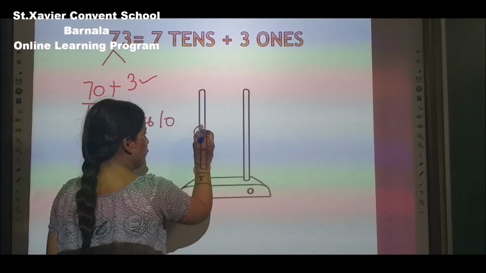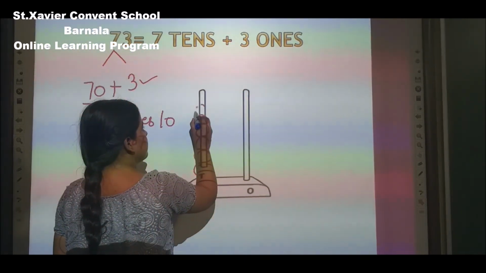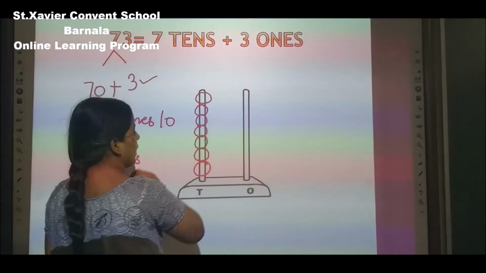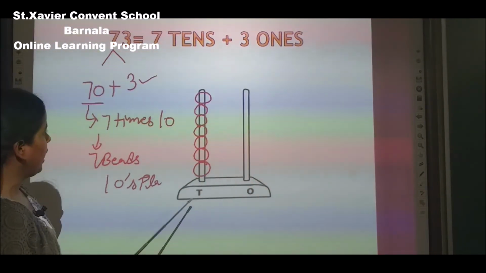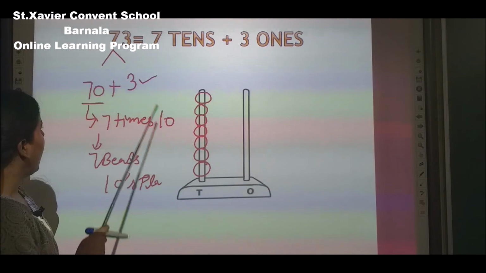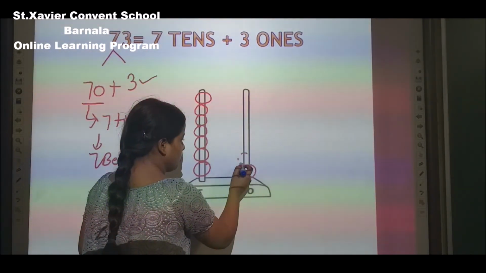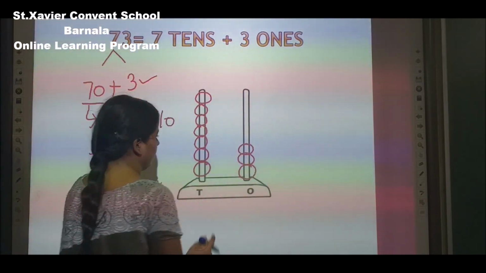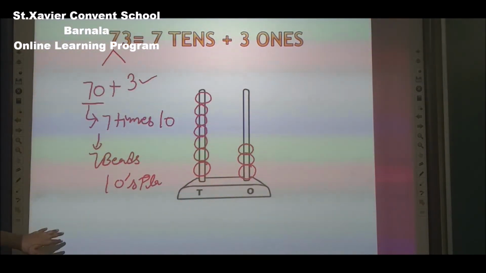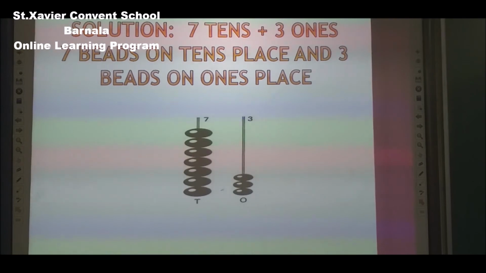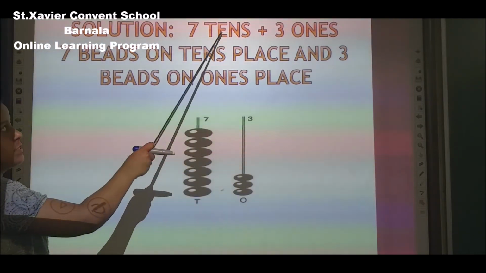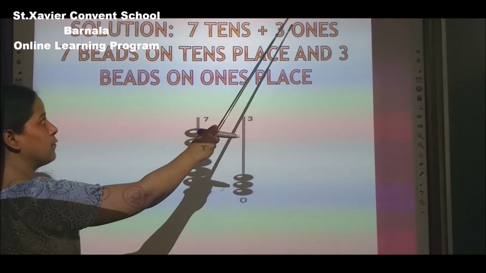7 beads at the tens place and 3 beads at the ones place. Solution: 7 tens plus 3 ones is given to us.